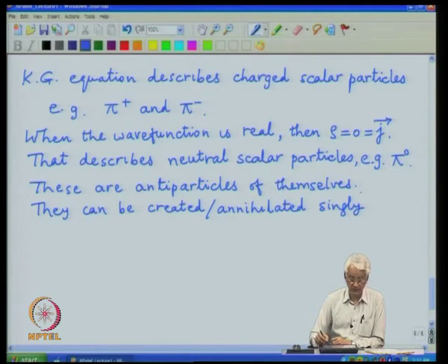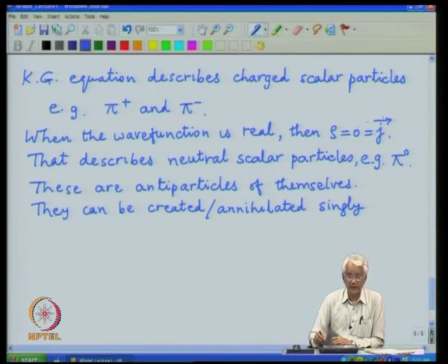Because of the charge conservation for charged objects, one must create them in pairs. So, if one of them is a particle carrying one kind of charge, it must always be accompanied by another object which has an opposite value of charge and which we interpret as antiparticle. And so, the charged objects which we see like electrons and positrons, if you want to create them or annihilate them, you will always get e plus and e minus appearing or disappearing together.